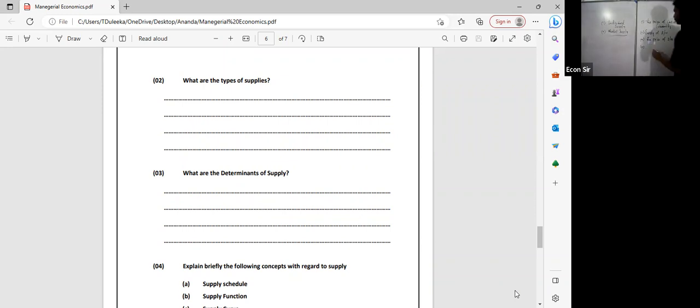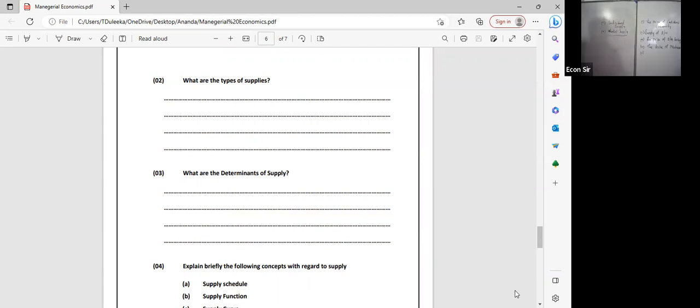The desire of producer or manufacturer. මොකද්ද desire කියලා කියන්නේ? කැමැත්ත. Willingness.